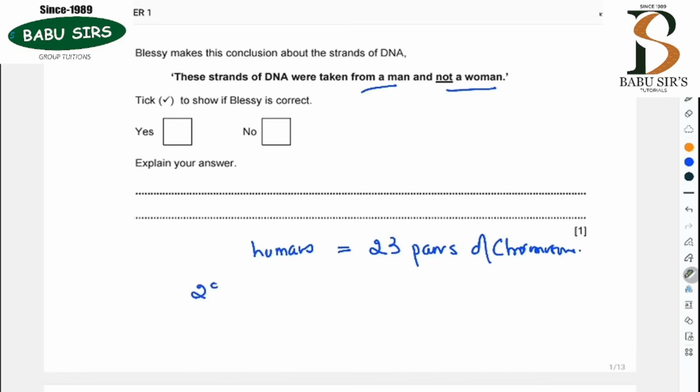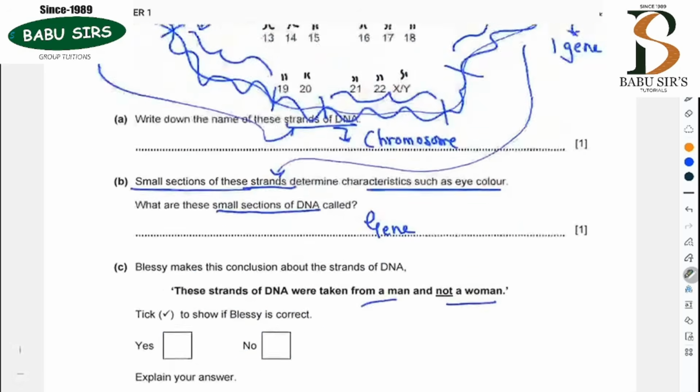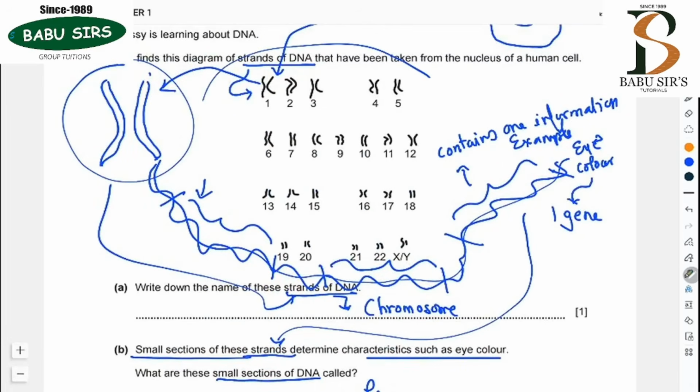Now 22 plus XX is a female, and 22 plus XY is a male. Now if you see the above question, in this there is a Y part, and Y determines a male.